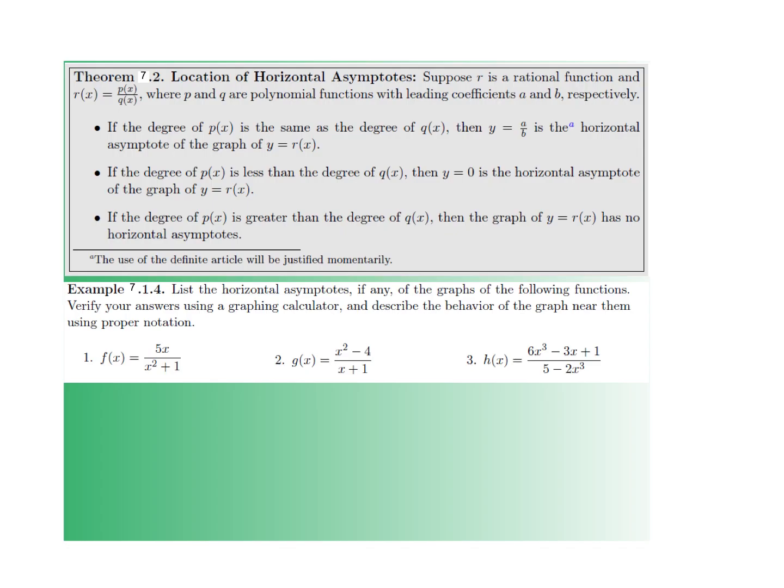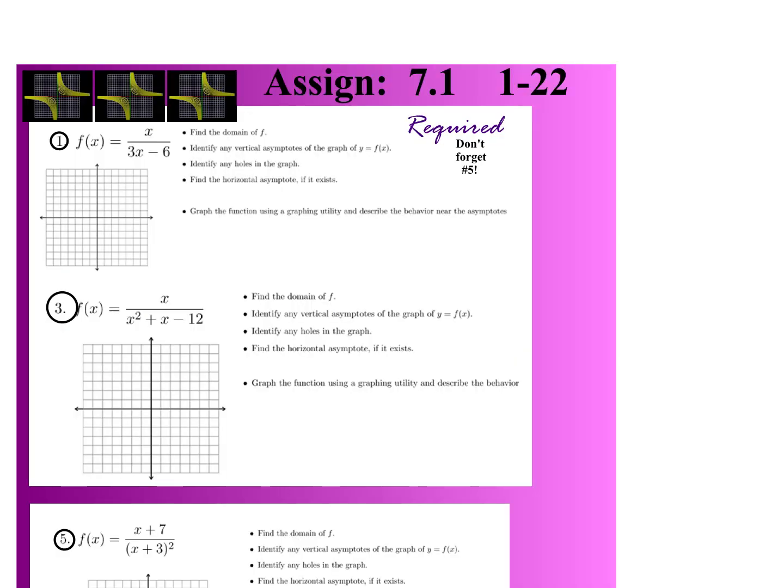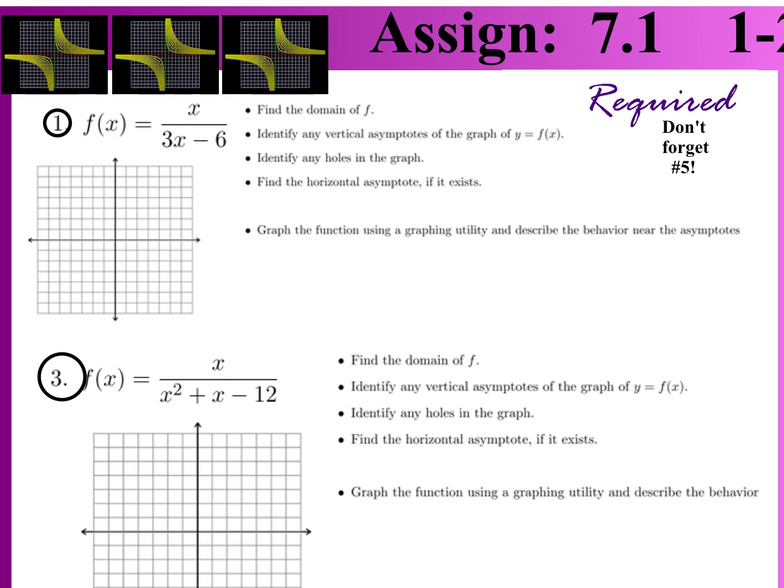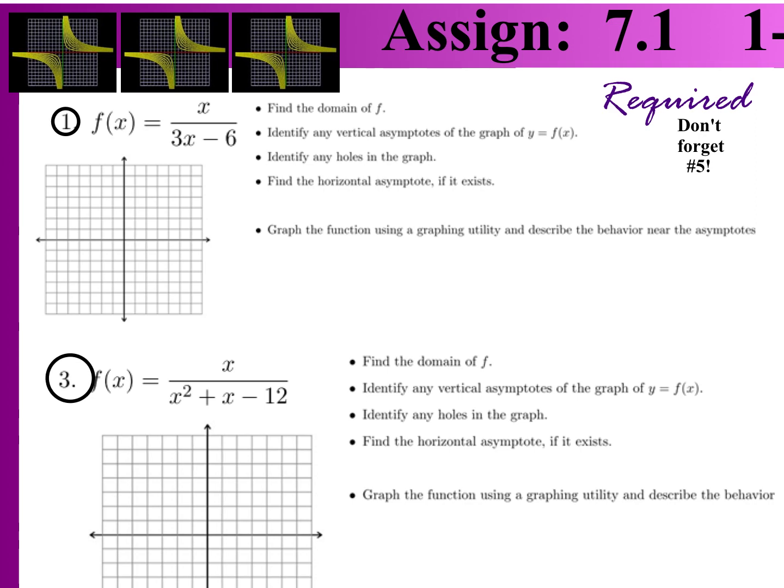Okay. So let's actually get you looking at the homework. Here's a typical question. Everybody work on this one. It's going to require you to figure out any holes. Don't worry about the domain of it. We'll worry about that later. Find the vertical asymptotes, horizontal asymptotes, if any exists, and then graph it. And it says a graphing utility.